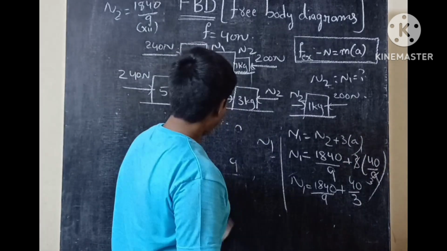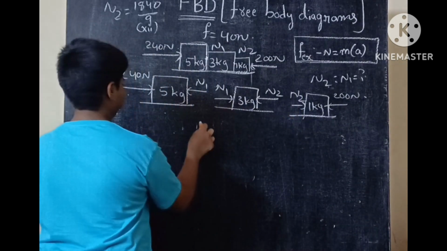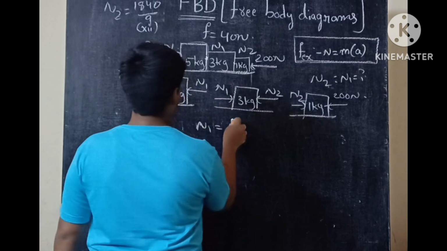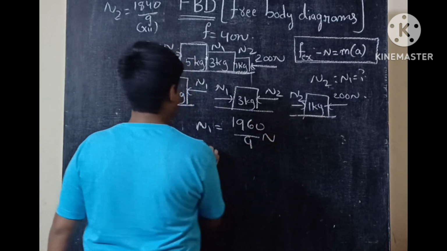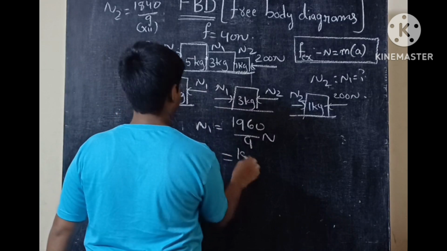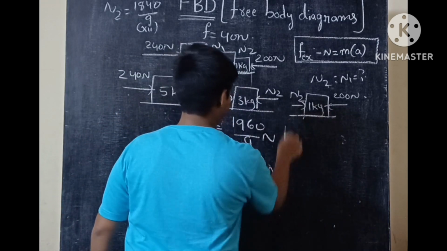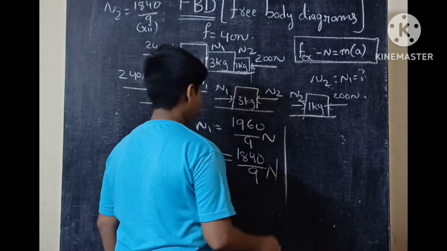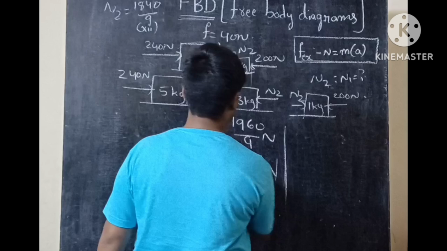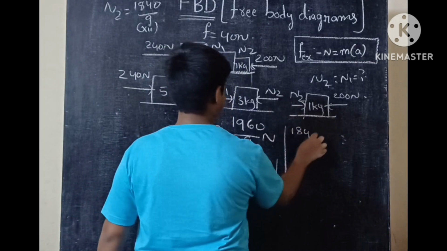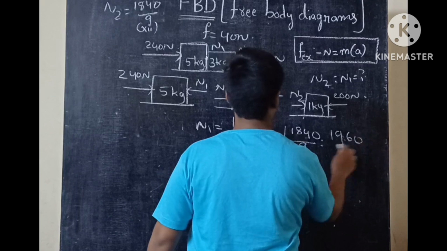So we have found the values of N1 and N2. N1 is equal to 1960 by 9 newtons and N2 is equal to 1840 by 9 newtons. We have to find the ratio N2 is to N1, which is 1840 by 9 is to 1960 by 9.